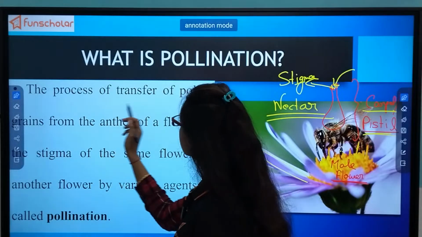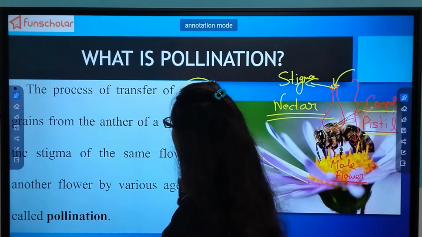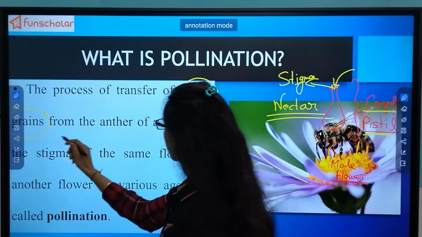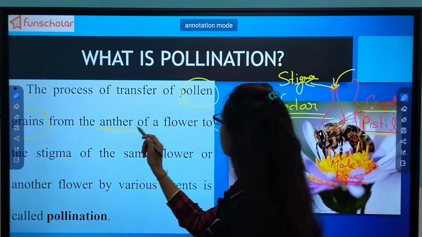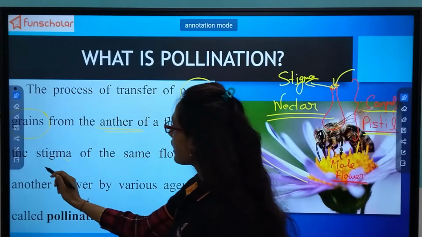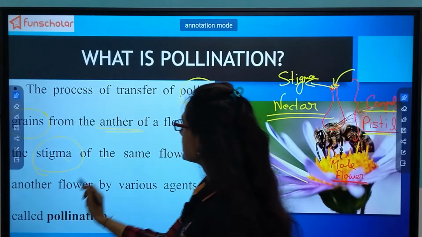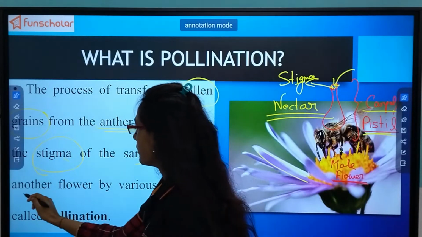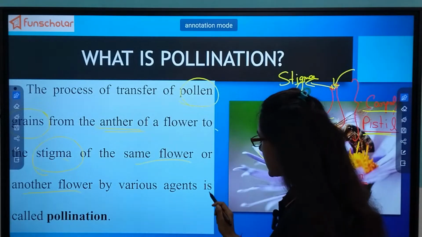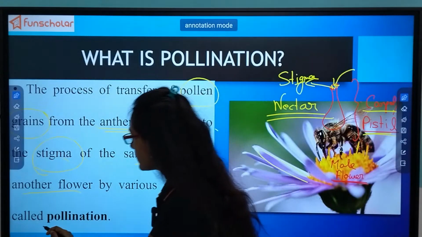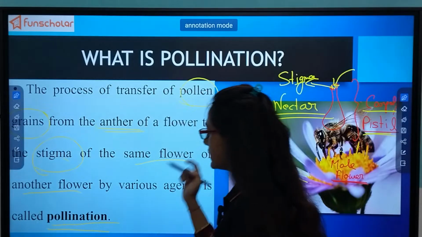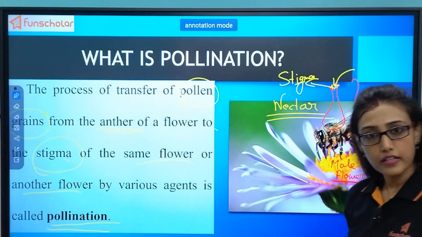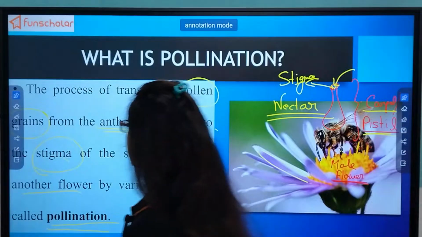The process of transfer of pollen grains from the anther of a flower to the stigma of the same flower or another flower by various agents is called what? Nothing but pollination. Understood? Clear?